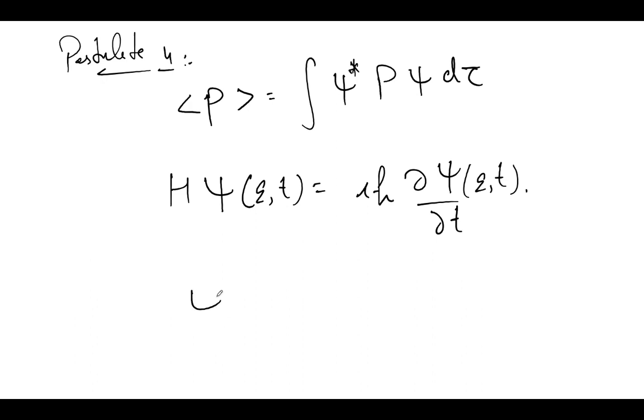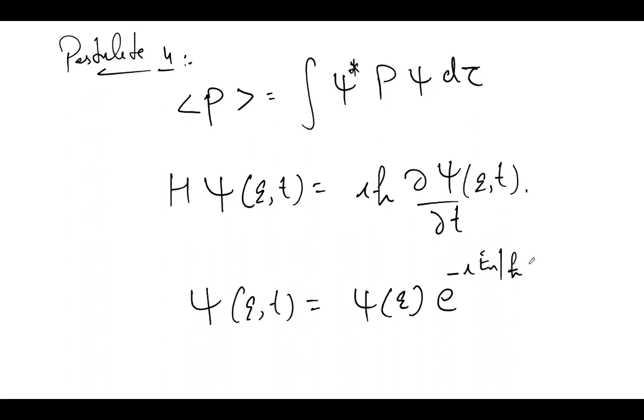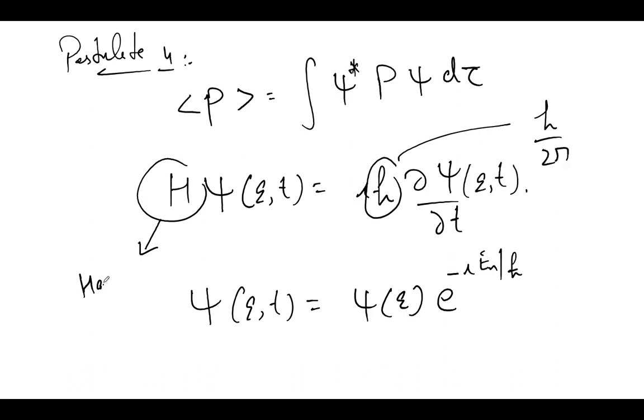Here the value of this wave function can be given as psi times a time function, generally written as e to the power i E t over h bar, where the energy depends upon time. Here h bar is equal to h over 2 pi. So this is our Hamiltonian operator.